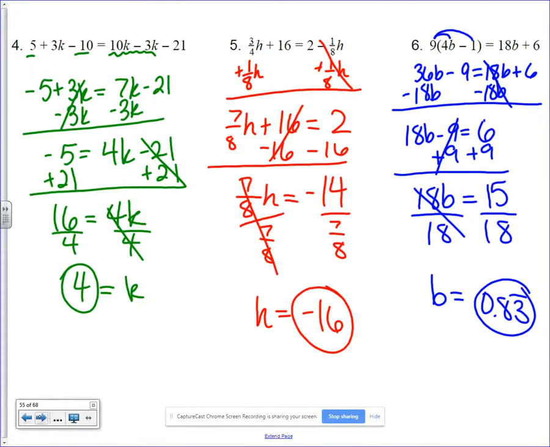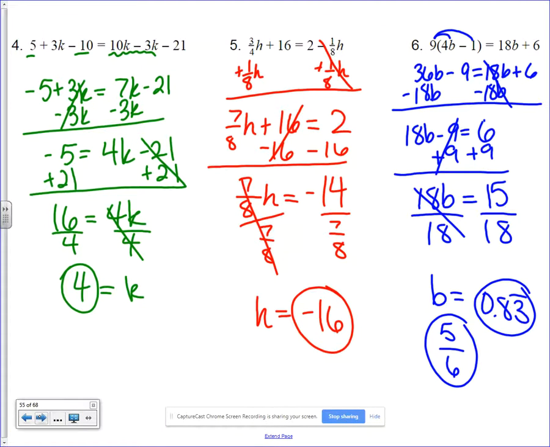What was it? 5/6. Folks, I want to make sure your calculator's doing this. Is everybody getting... You don't know how to do it? 15 divided by 18. And you got this 0.83 repeating, right? Now push your second button and then the PRB button, and then equals. Good? Everybody okay?